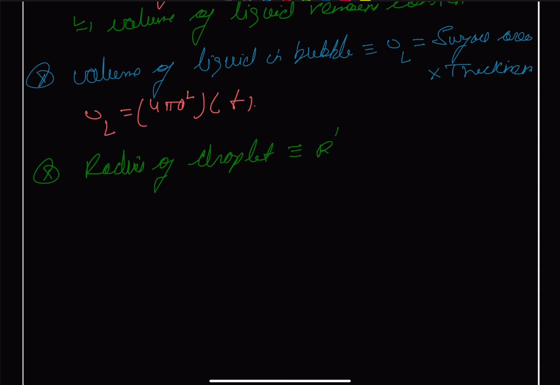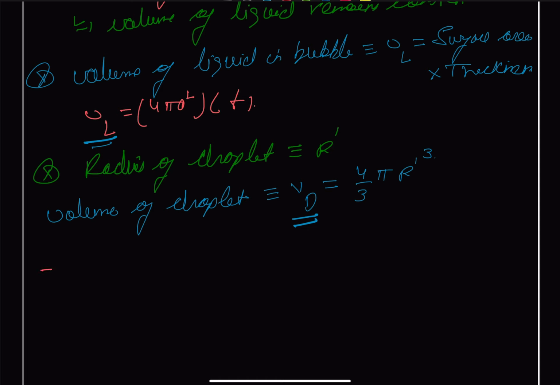Therefore we can write that the volume of the droplet, let us call that Vd, will be equal to 4 by 3 pi R prime cube, and the volume of the droplet is equal to the volume of the liquid in the bubble.